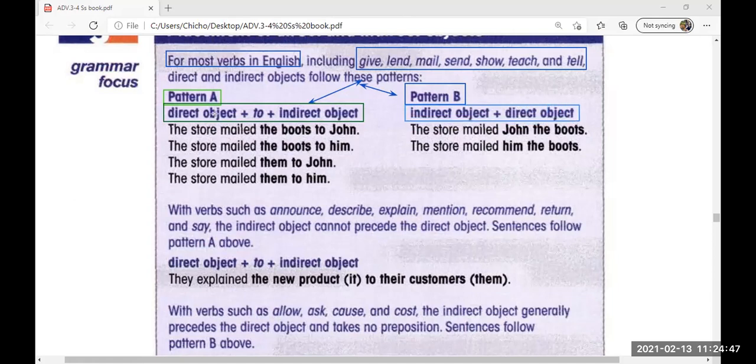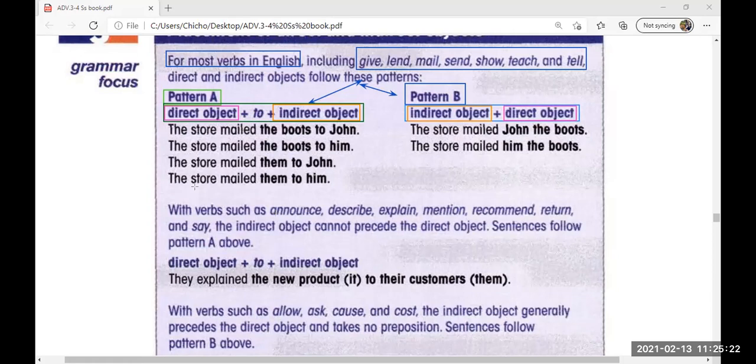We are going to give them colors. So, as you can see, first is the indirect and then the direct object. So we interchange the places, but in this one we need a preposition. In this case we have two, okay?